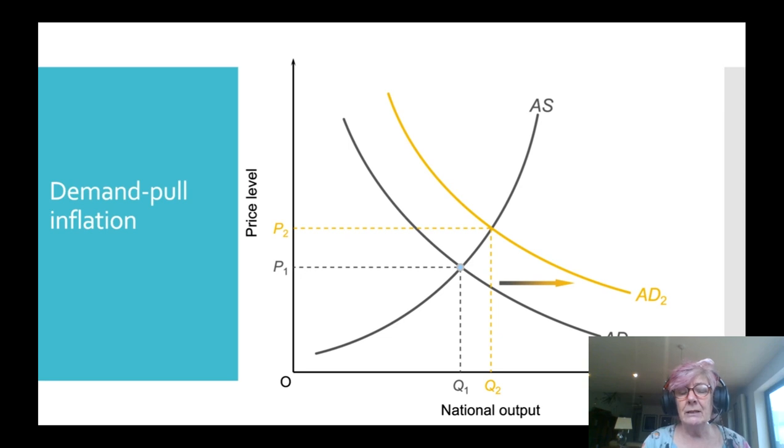And the impact of that shift to the right of the demand curve is that now national output has increased, as you would expect, from Q1 to Q2, but also because the equilibrium has changed, the price level increases from P1 to P2, and that is inflation. That's our demand pull inflation, that increase in prices from P1 to P2 caused by an increase in demand.